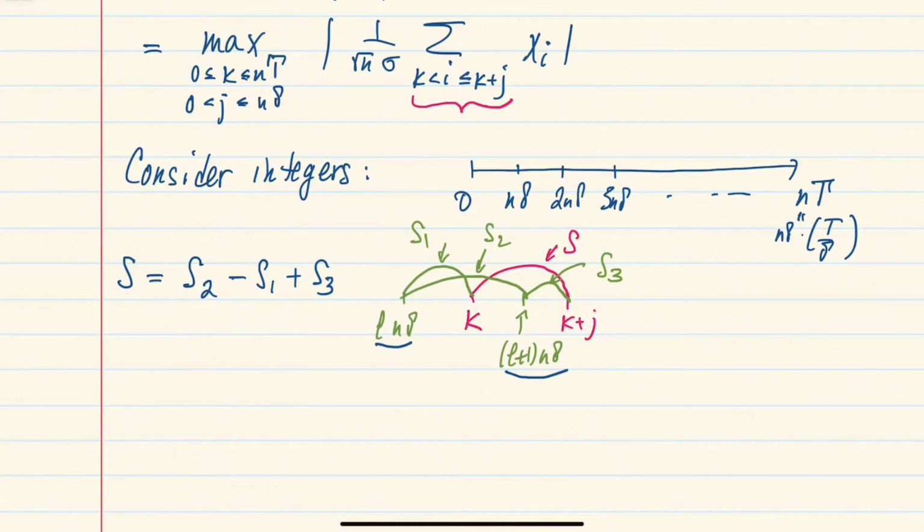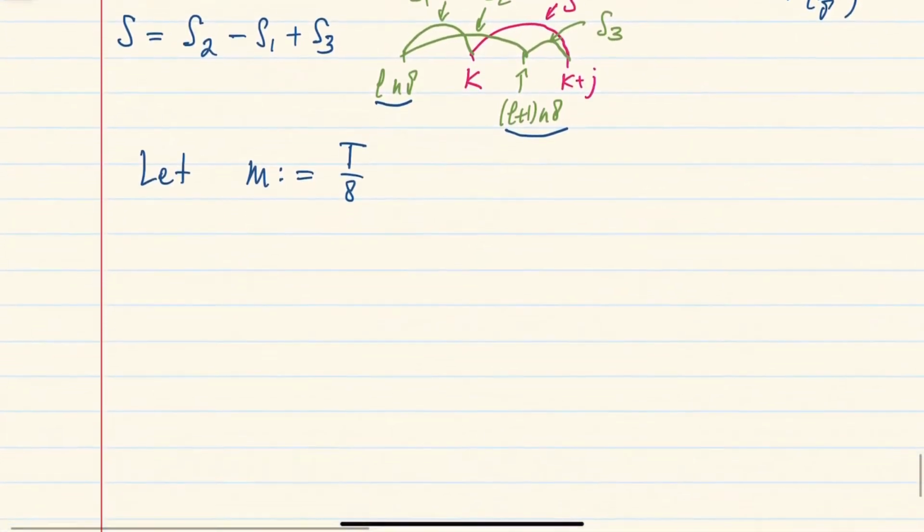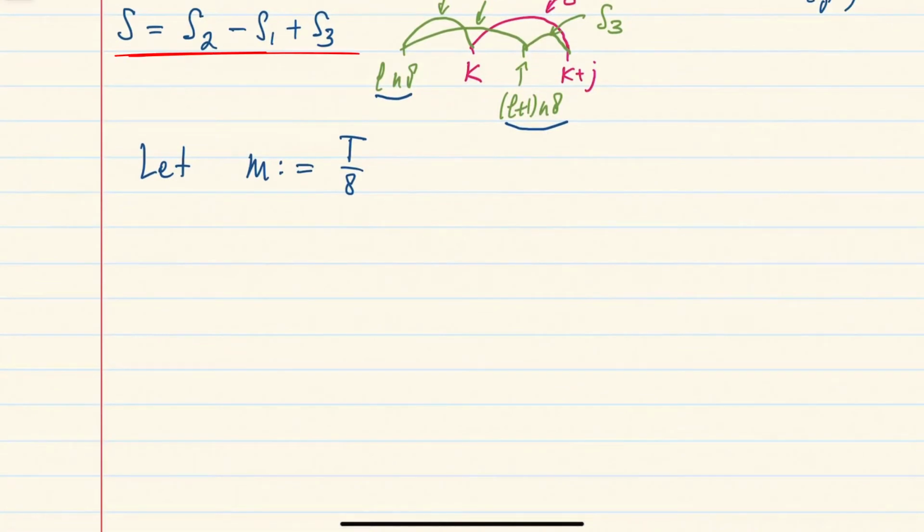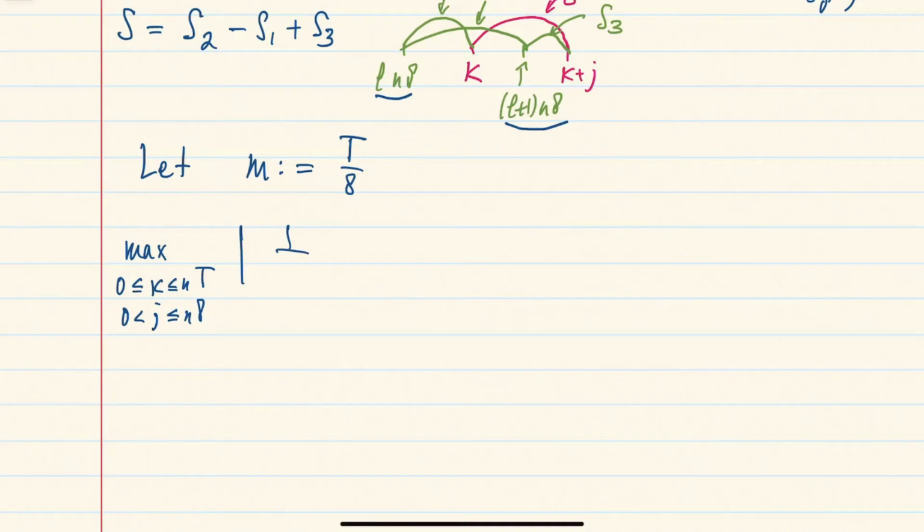So in particular, let's denote by m this ratio T over delta, in other words, the number of starting points in this discretization in this interval here. Then because any sum can be written as three sums of this form, we can just by triangle inequality write that the maximum as above.